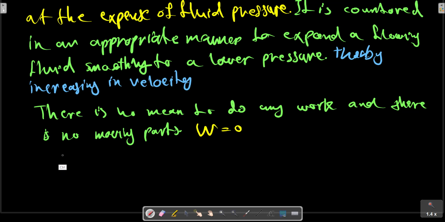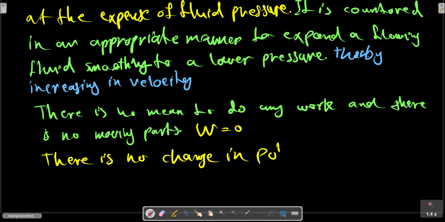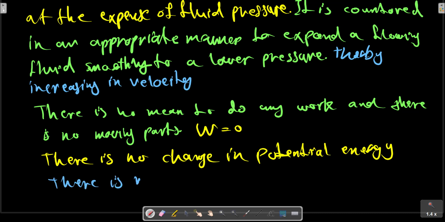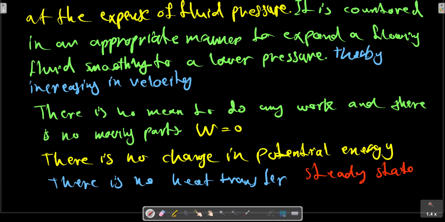Negligible potential energy, and also negligible heat transfer for a steady state nozzle.